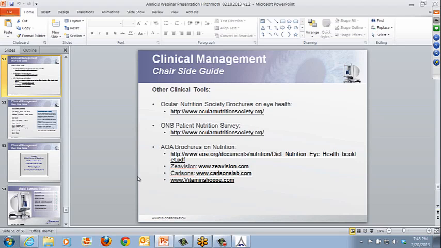They also have, if you want to do what I call ultra prevention and incorporate diet and nutrition in a little bit more defined way into your clinical practice, the ONS has a patient nutrition survey that's comprehensive. It's really designed for the patient to take it home, and that comprehensive survey actually helps delineate where patients' diet may be deficient and what nutrients they're deficient in.